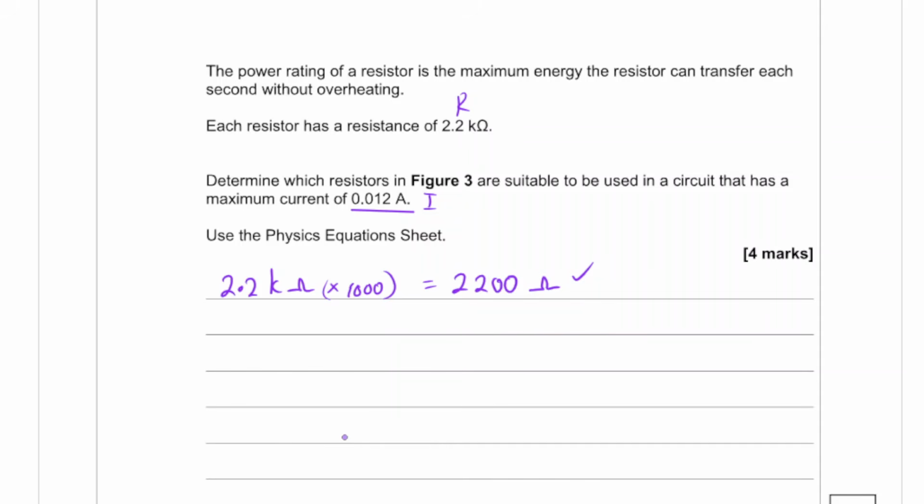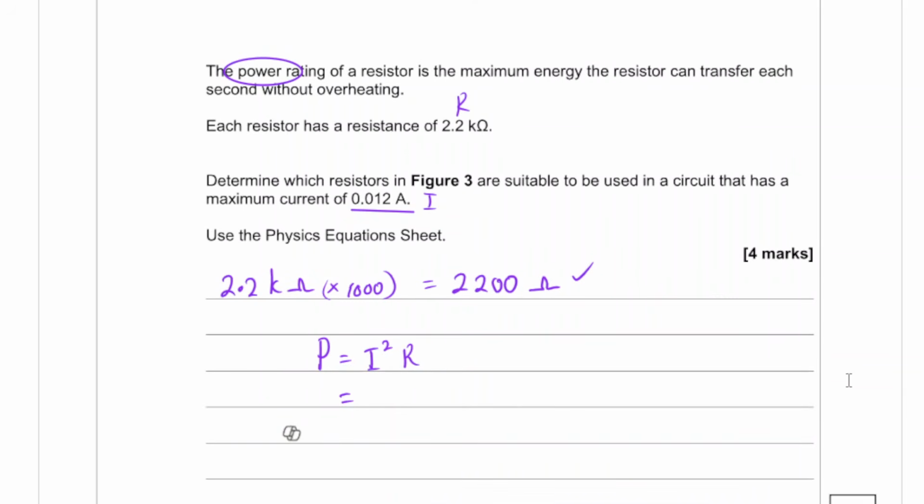Using the equation, so what are we trying to do? We are trying to work out the power rating so that we can compare it with the power ratings above. So the equation that we are going to use is P equals I squared R. Let me just double check something.